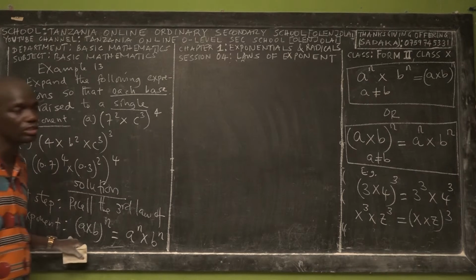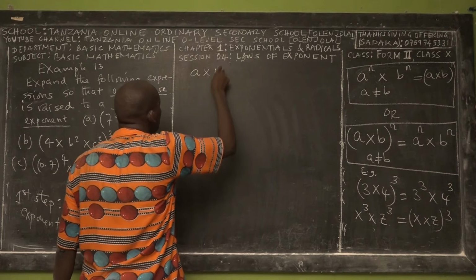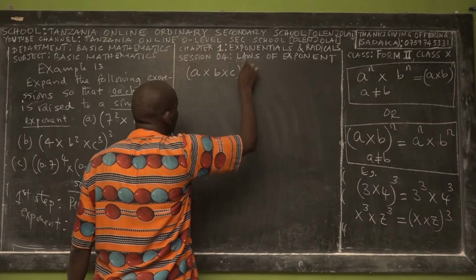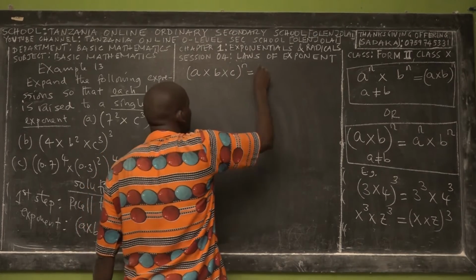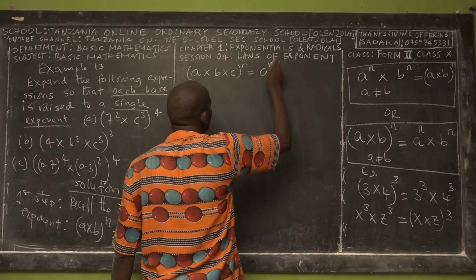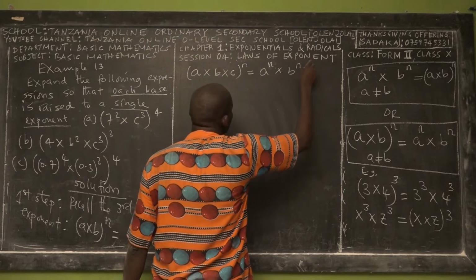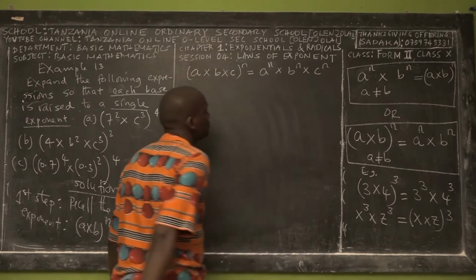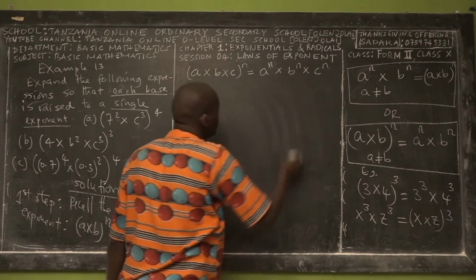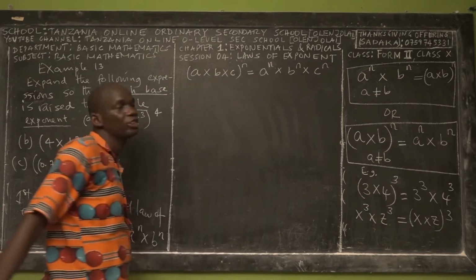This is in case we have two exponents. But if you have (a times b times c), all of this raised by n, this is equal to a power n times b power n times c power n. These are the single exponents, each base raised to a single exponent.